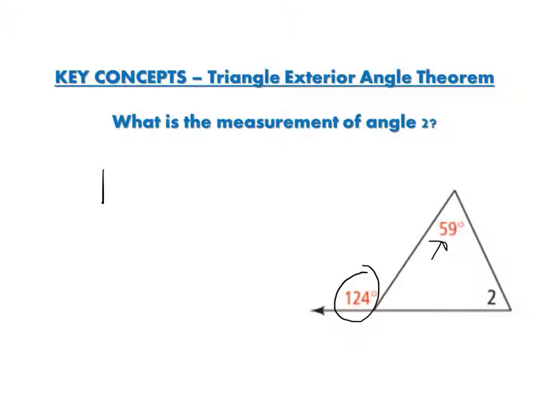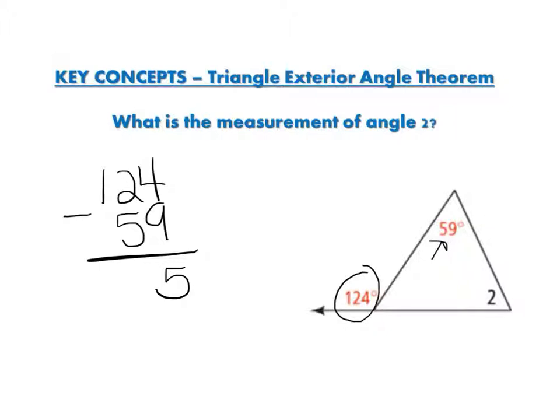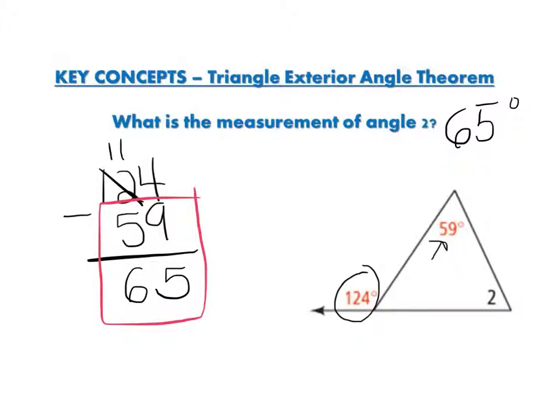So I'm going to take 124 minus 59, and I get 65. So the measurement of angle 2 is 65 degrees. You can check that by adding 59 plus 65 to see if it equals 124.